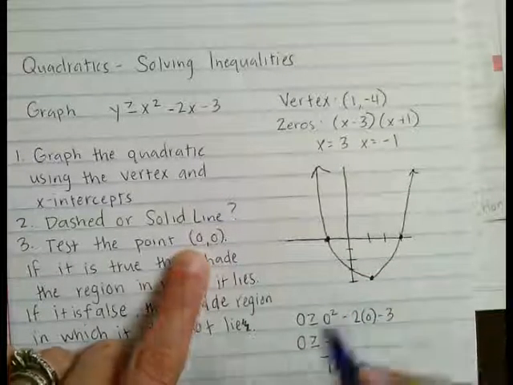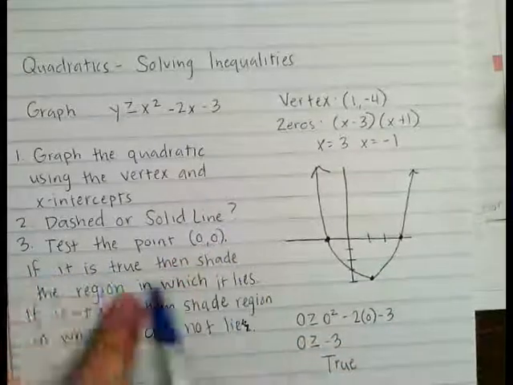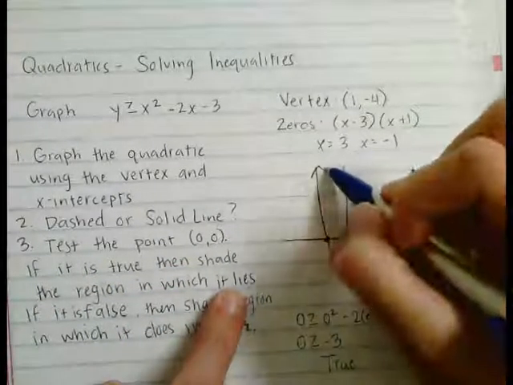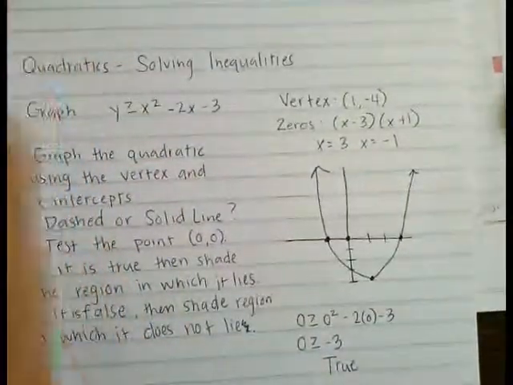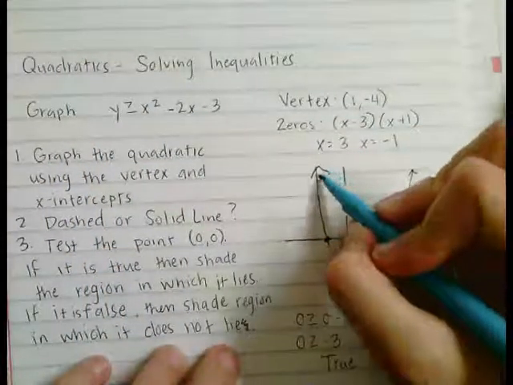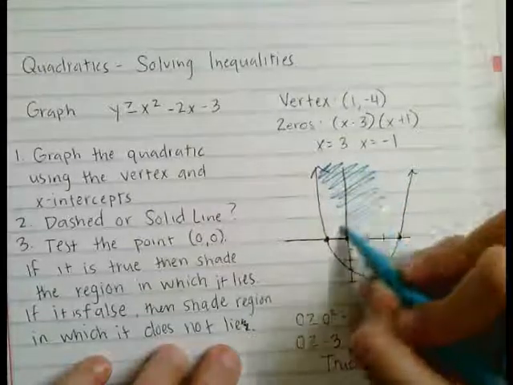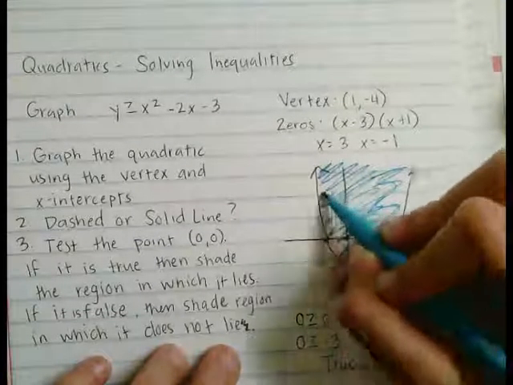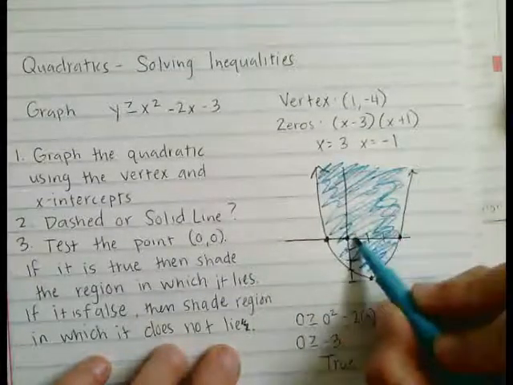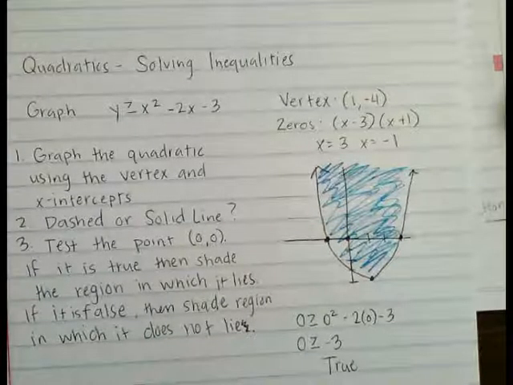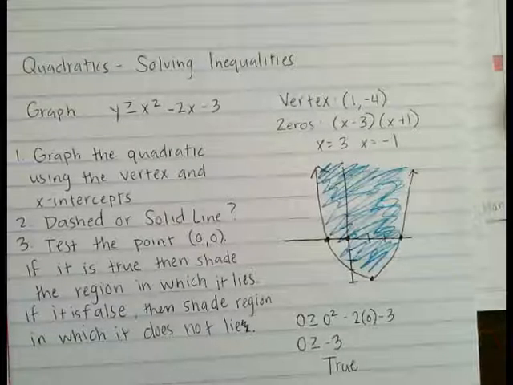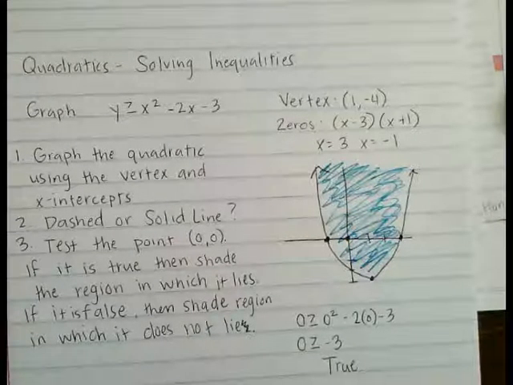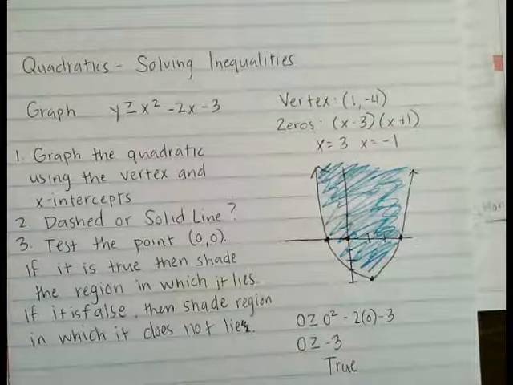And if it is true, then you get to shade the region in which it lies. So this point (0, 0), you're going to shade. I'll use colored pens for you. Okay, so that's what you're going to shade because that one is true, and that is one of the combinations of the solutions that you can have. So that is graphing quadratic inequalities. Okay, thanks.